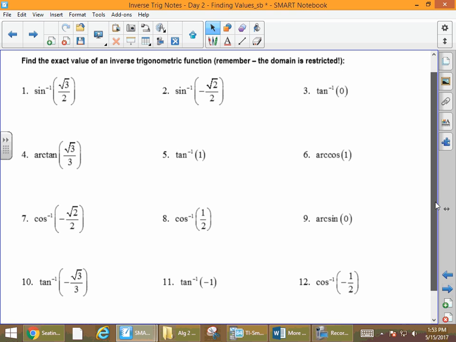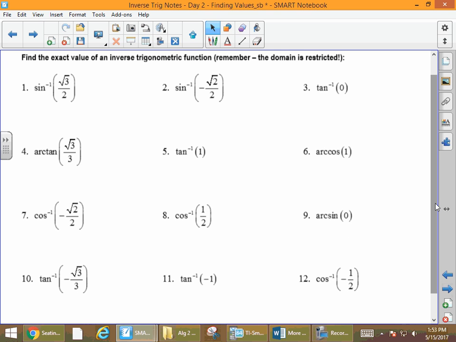But again, if you got out your unit circle and you want to look back at that to help you out, what we're looking at here is we're essentially given the answer of the value on the unit circle, and what we have to come up with is the angle.